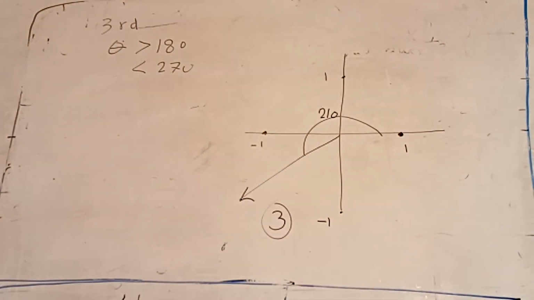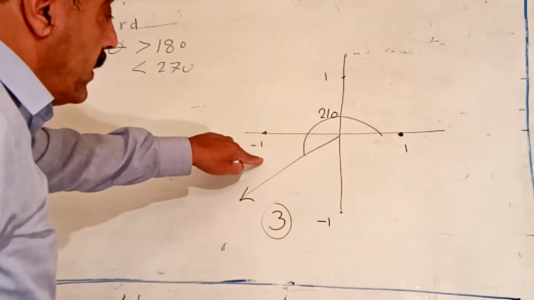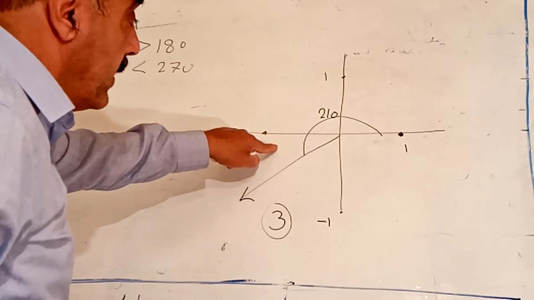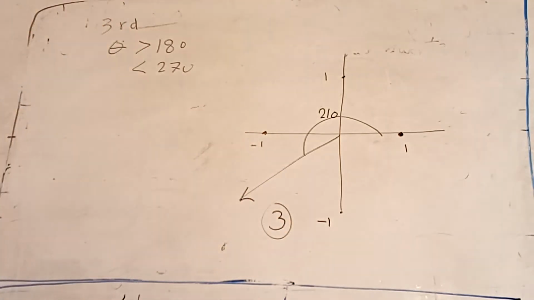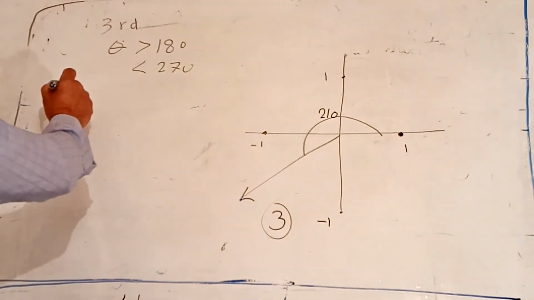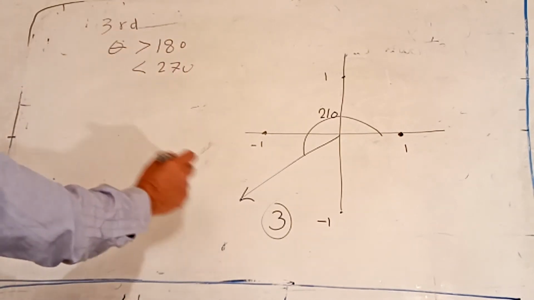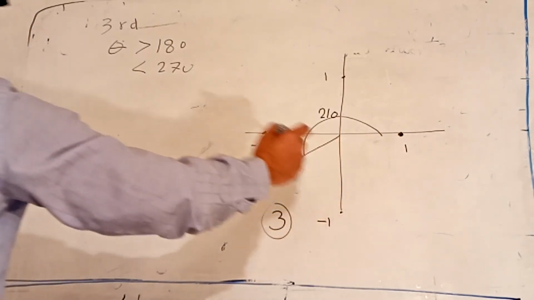210. We can see that we are on this region with x negative and y negative. So cosine theta is negative and sine theta is negative. For this range, it's bigger than 180, less than 270. This is up to here 270.